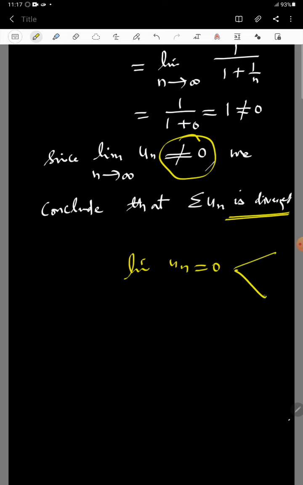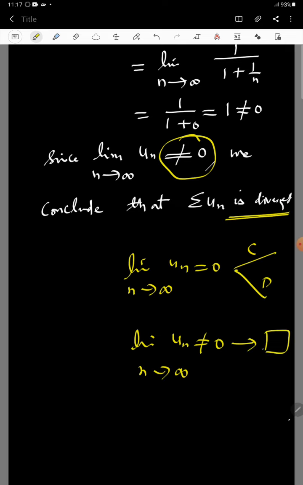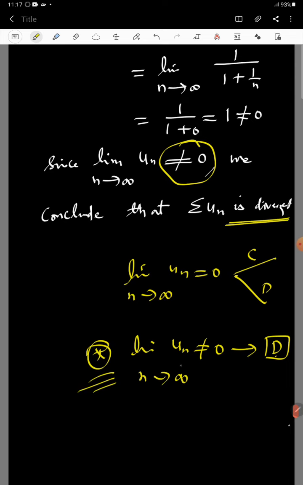It can be convergent, it can be divergent. But if limit un is not equal to 0, then there is only one conclusion: divergent. Be careful about this point. So whenever we are able to calculate the limit of un and prove that it is not equal to 0, directly you can declare that it is divergent. I hope you have understood.